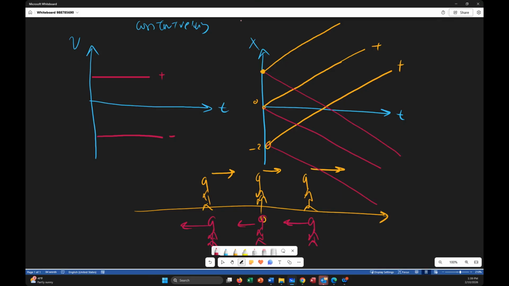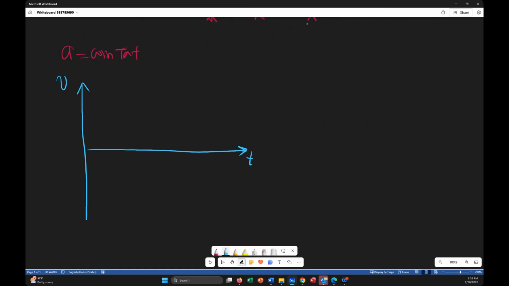Good. We learned other motion as well. What is the other motion? A constant acceleration.